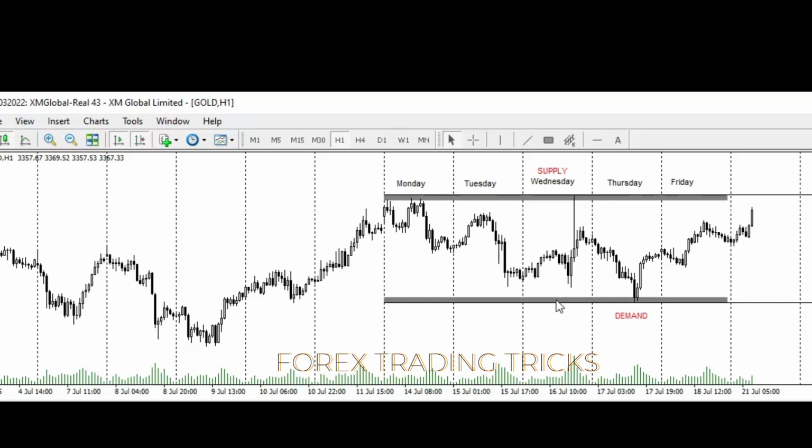You understand? And I even told you, you can see here I told you that the in-between space is equilibrium. It's 50-50 right here. When the price is at premium, the price is too expensive, and when the price is at demand, the price is too cheap. So now the price is playing in an expensive area. Your job is to sell right here.